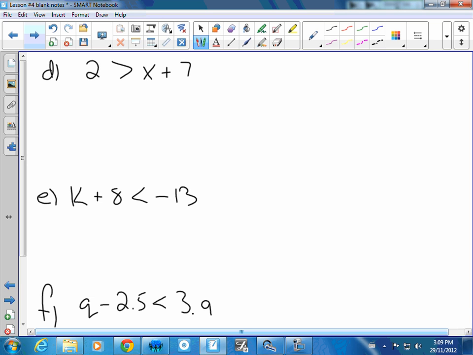Okay, there's three more. Try those. Solve them, graph them on the number line.